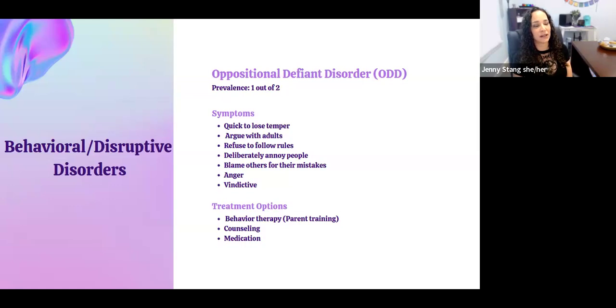They may engage in lying behaviors or stealing. And oppositional defiant disorder, ODD, will often precede conduct disorder as children grow older. So if you have a child who has oppositional defiant disorder, as they get older, it could be relabeled or re-diagnosed as conduct disorder.